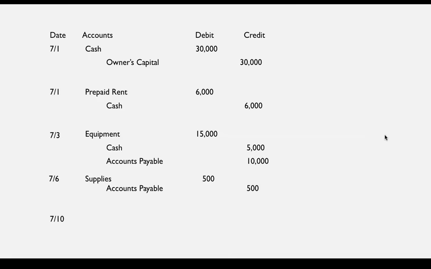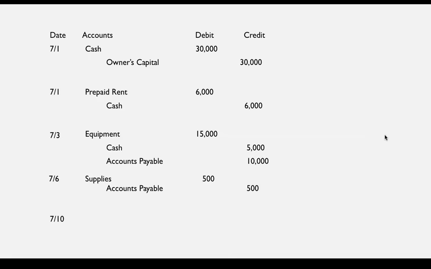Now here on July 10th, the company received $10,000 from a customer for future services. So here on July 10th, when they received $10,000 for future services, they are getting money right now.